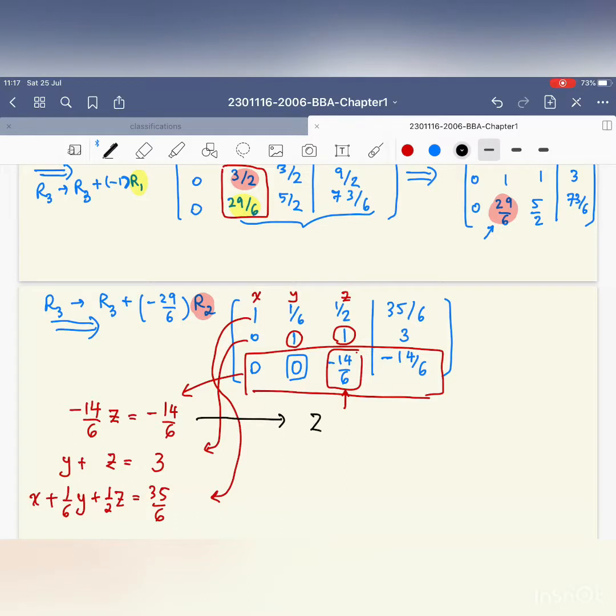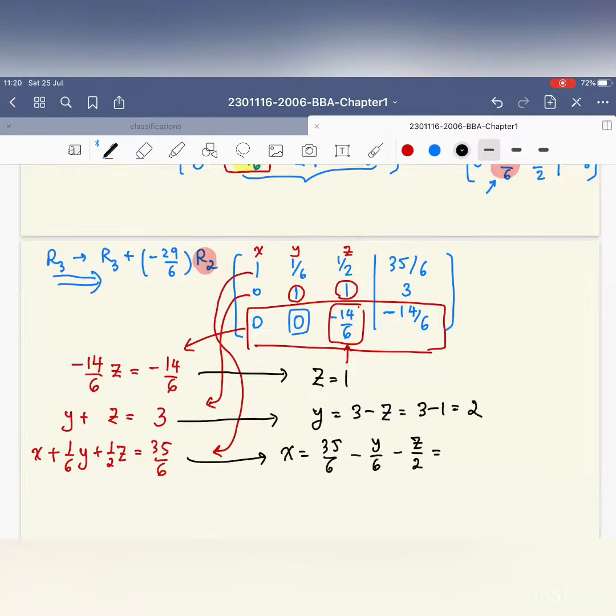Okay, so what happened to this one? Your z is 1, and when your z is 1, your y is 3 minus z, which is 3 minus 1, so it's 2. And your x is 35 over 6 minus y over 6 minus z over 2. It is 35 minus your y is 2, your z is 1, but you need to multiply by 3, so it is 3 over 6.